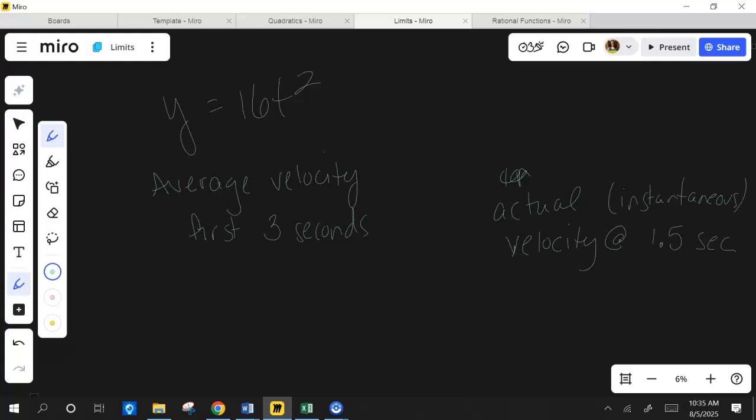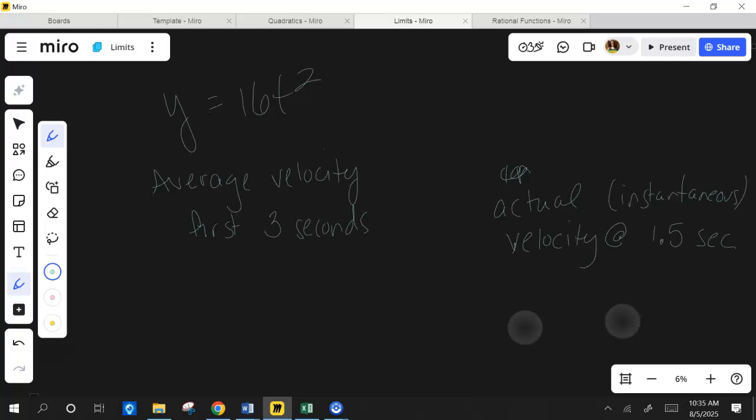What's the difference in the two questions? AROC and IROC. But I'm essentially using the same equation, right? It's just that I'm looking at that change. I'm looking to make that change 0. So for this first one, that's just a what formula? A slope formula, right? We did a lot of AROC in pre-cal.